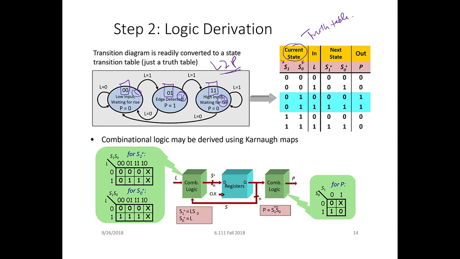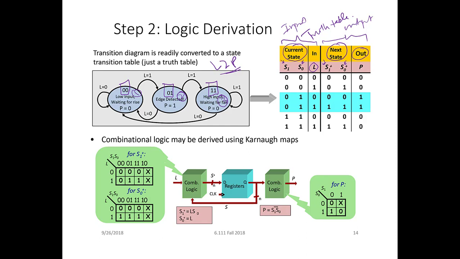And then we have our input. So this is our input side, and our input is just the level. On the output side we have the next state, represented by S0 plus and S1 plus, and we have the output.